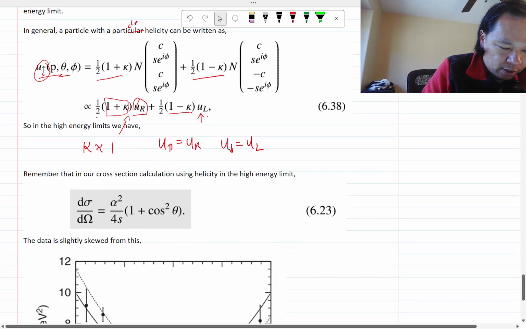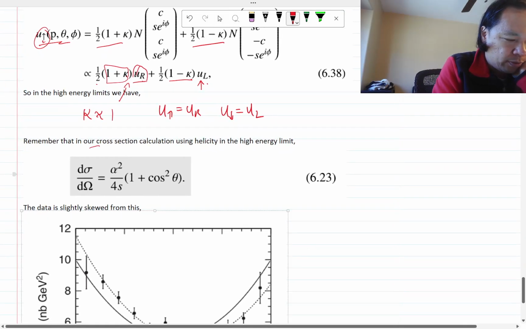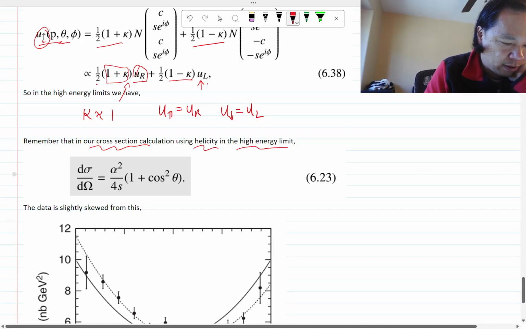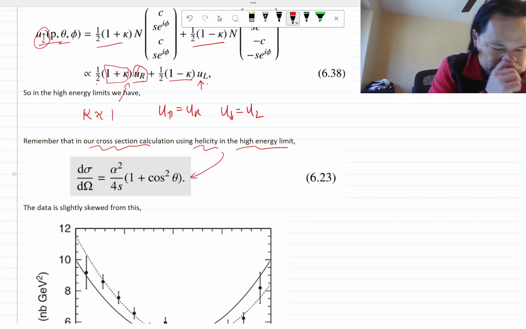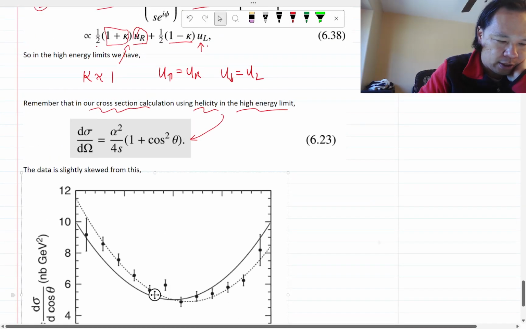Just to make sure that we're actually seeing this in real life, remember when we did the cross-section calculation of helicity in the high energy limit? We came up with this 1 plus cosine square function in our differential cross-section.